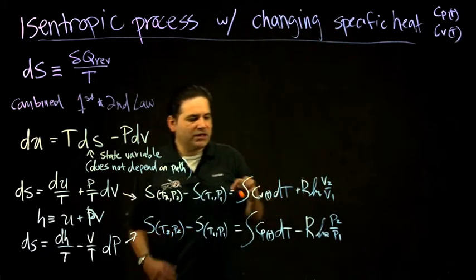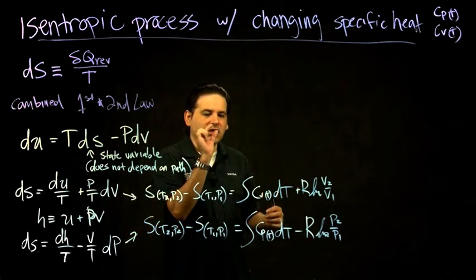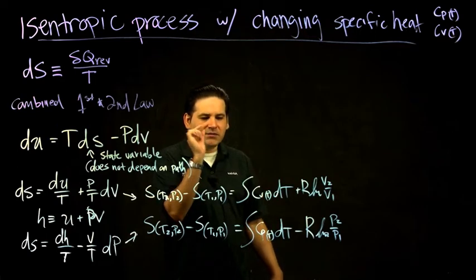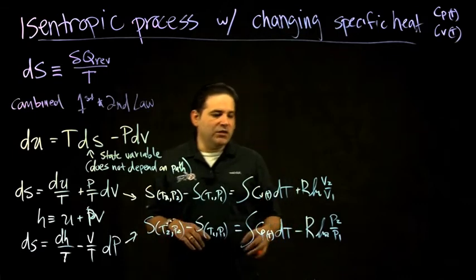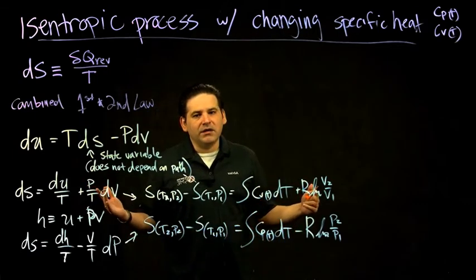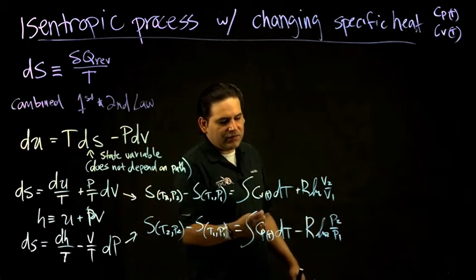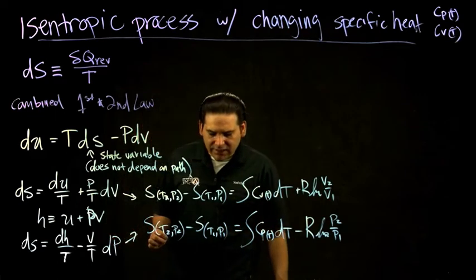The only reason why it does not change is you're making some simplification, or that you're looking at a process where the temperature changes very little. If the temperature changes a lot, you have to account for the change in specific heat with temperature, or you have to simplify it and lose a little bit of accuracy for convenience of computation. And we've done that a lot in class.